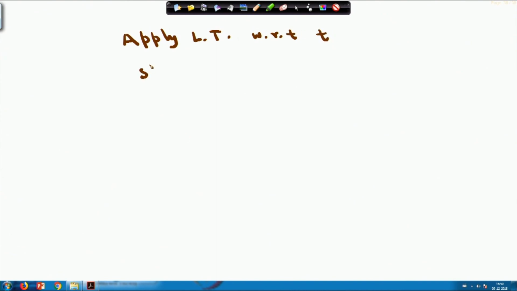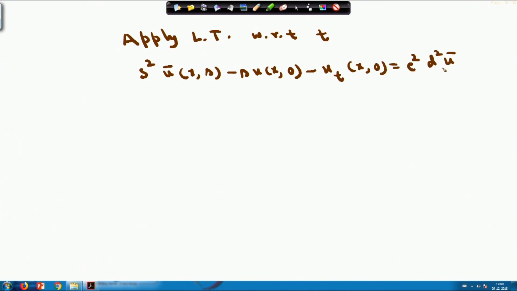So that you will obtain, I am writing directly, s² ū(x,s) minus s u(x,0) minus u_t(x,0) equals c² d²ū/dx². I am not explaining this term again. Now, u(x,0) is given as lambda sin(pi x by L) and u_t(x,0) equals 0.